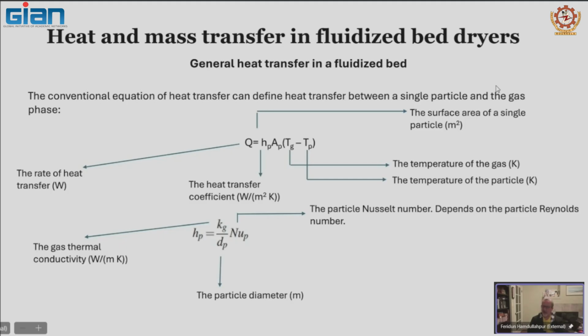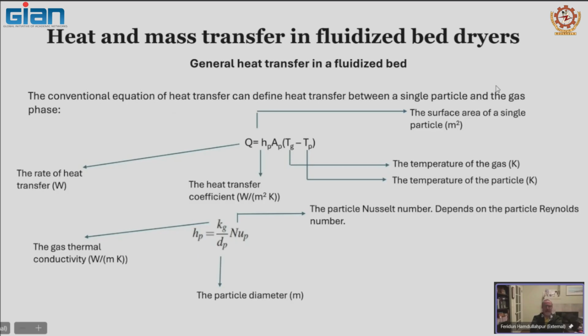In drying applications, it is mostly convective heat transfer, as opposed to combustion where you have to take radiative into account, because of lower temperature. We're quite fine just using a heat transfer coefficient that is dominated by convection. And we have the temperature of the gas, of course air, and the temperature of the particle. And then you can calculate the total heat transfer rate.